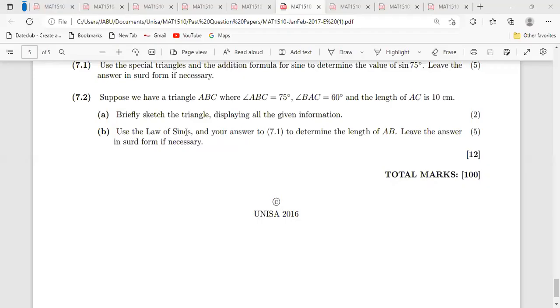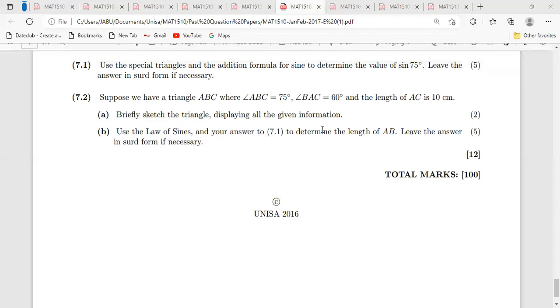Now let's continue. B. Use the law of sines and your answer to 7.1 to determine the length of AB.